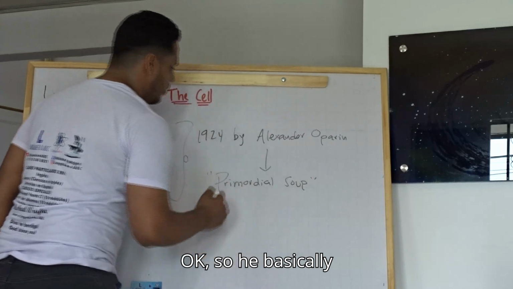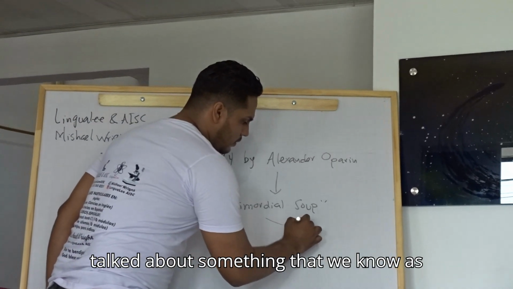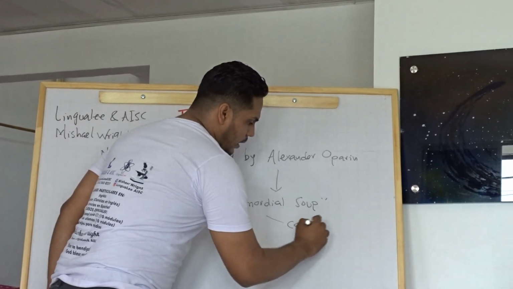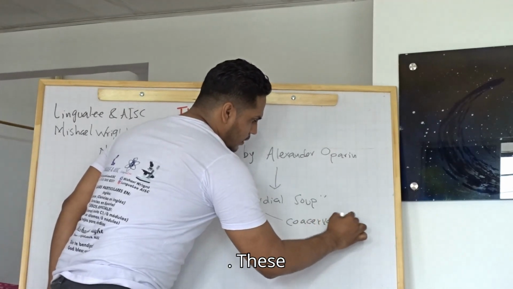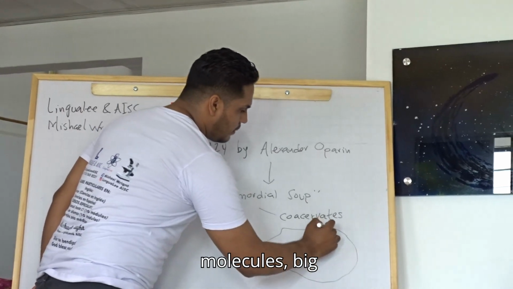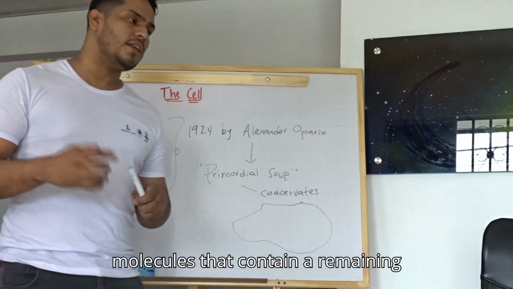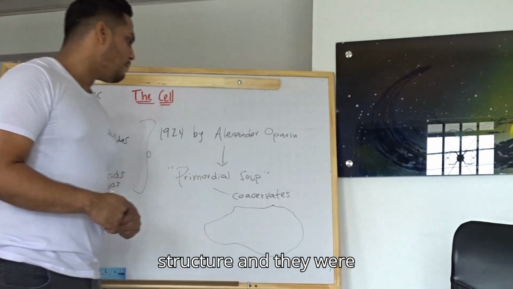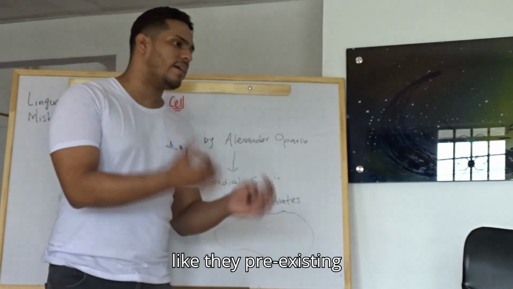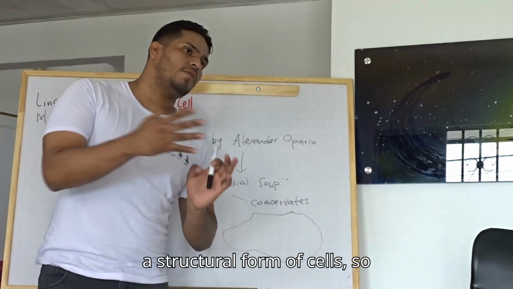He talked about something known as coacervates, big molecules that contain a repeating structure and were like the pre-existing structural form of cells.